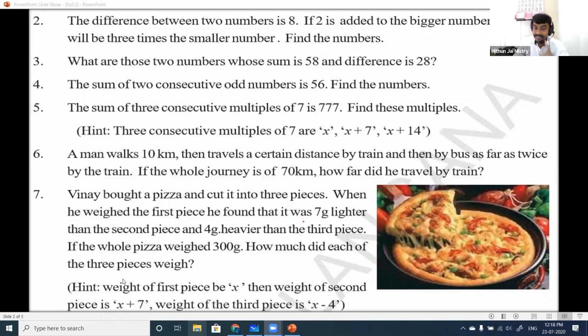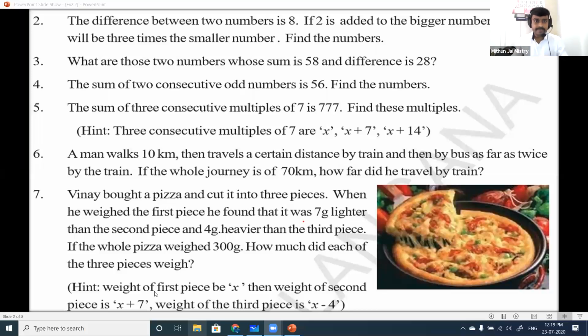Why? See, beta, understand here. The first piece is 7 grams less than the second piece. That means the second piece is 7 grams more than the first piece.